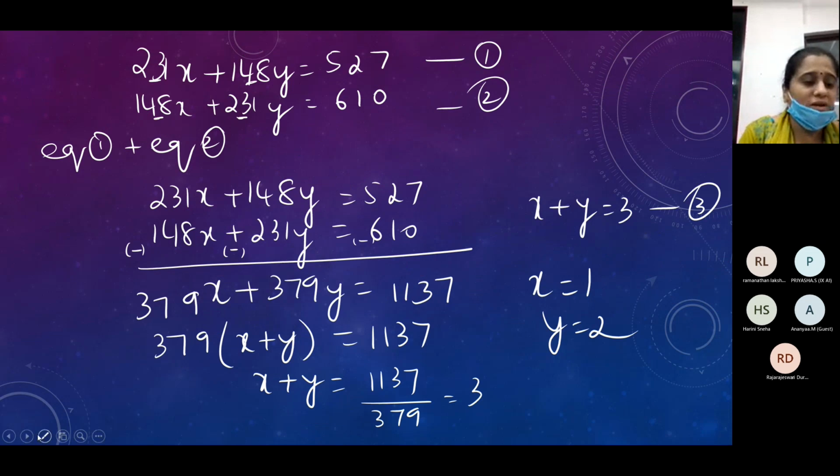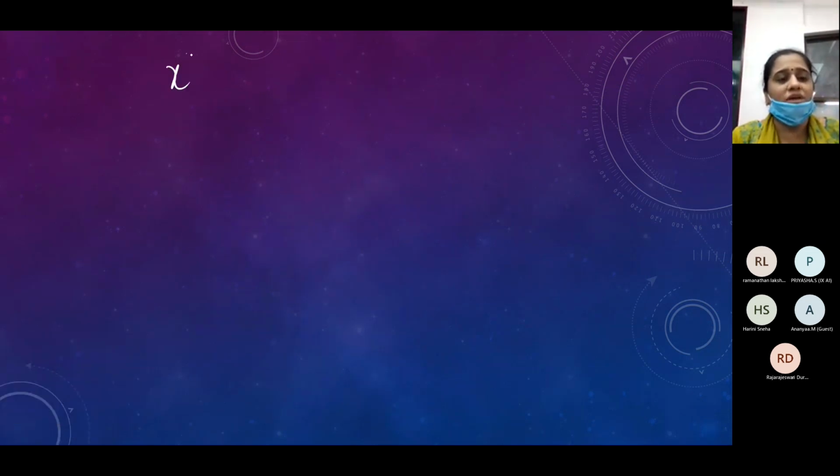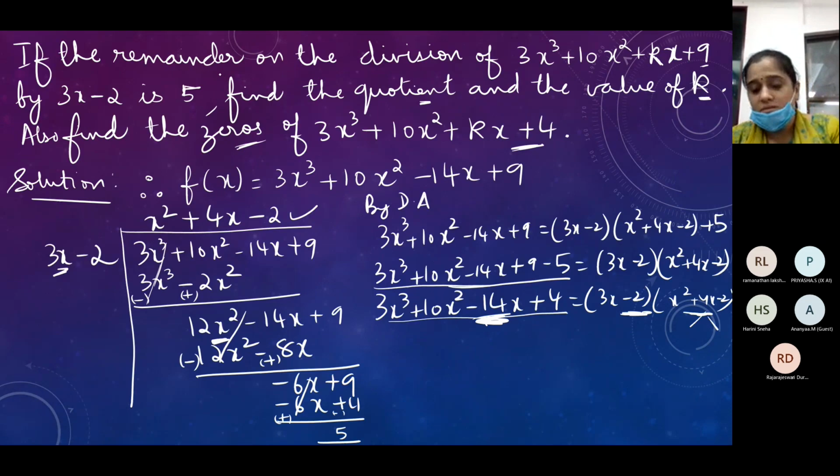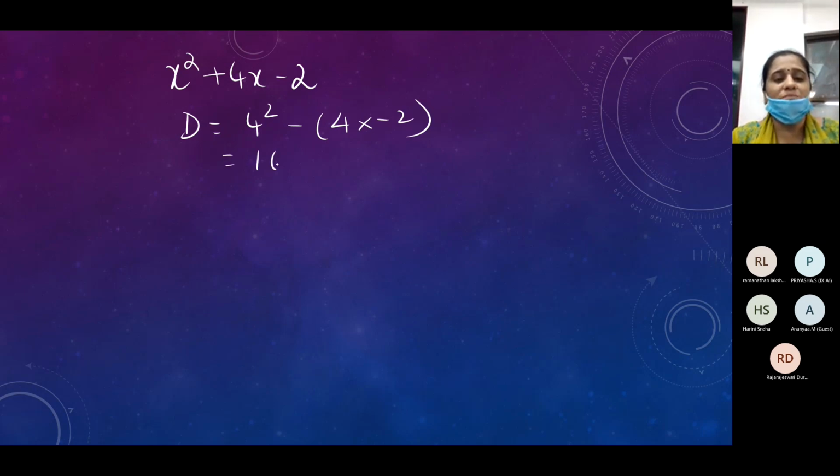So for x squared plus 4x minus 2, we have to use the quadratic formula. D is equal to b squared minus 4ac, 4 into minus 2. So 16 plus 8, which is 24.